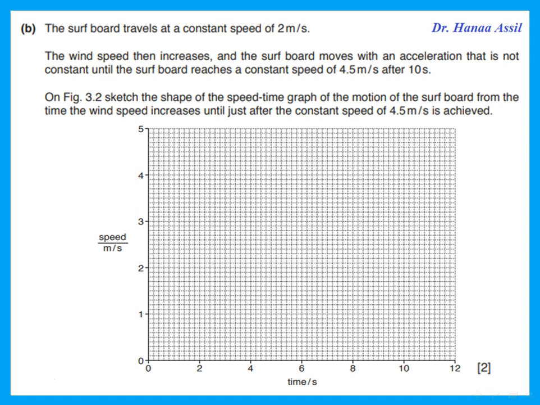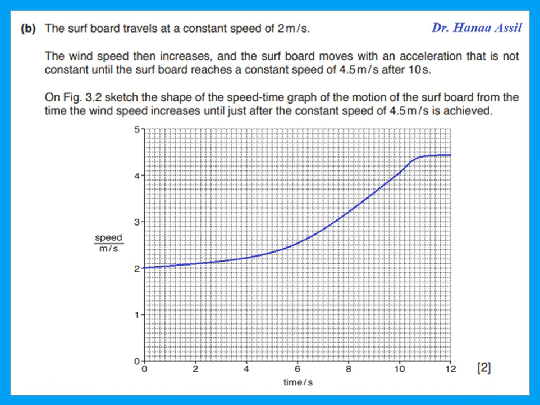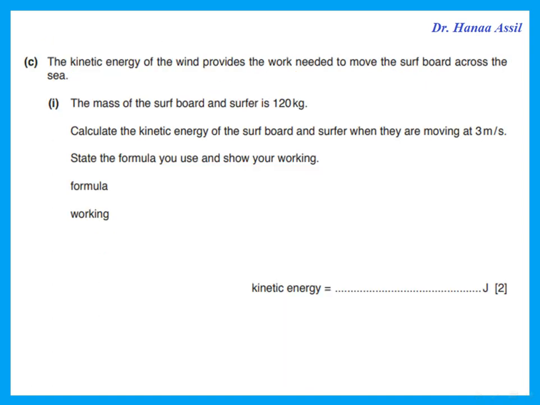Sketch the shape of the speed-time graph of the motion of the surfboard from the time the wind speed increases until just after the constant speed of 4.5 meters per second. So what did he say? He says the surfboard moves with an acceleration that's not constant. So something like this until it reaches 10 seconds, and then it becomes constant at 4.5 meters per second. So your graph should look something like this.